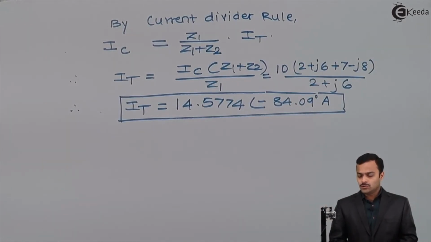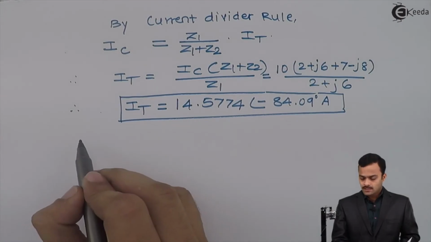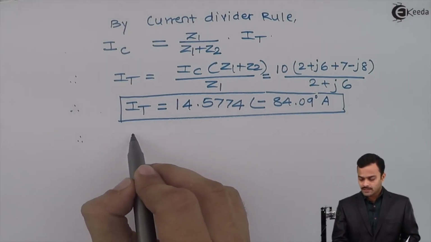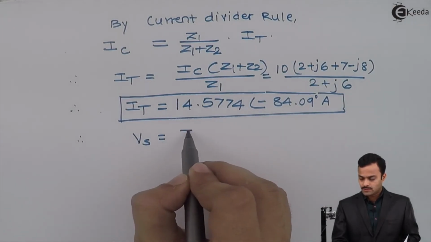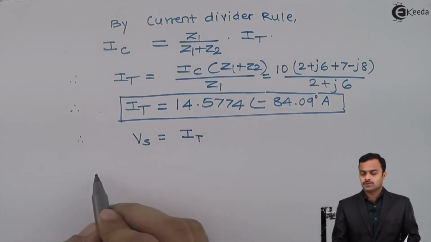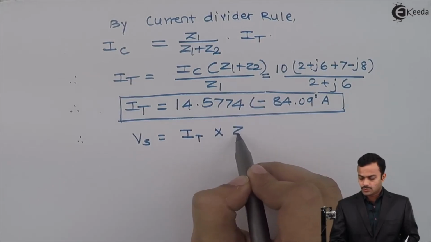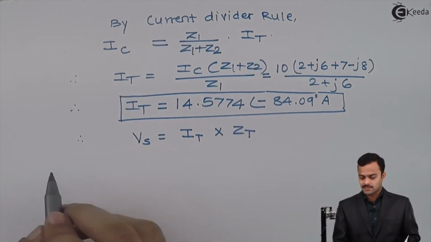By current divider rule, I got the total current in the circuit, which is useful while calculating the supply voltage. How? Supply voltage is nothing but total current flowing through the circuit multiplied by total impedance in the circuit.